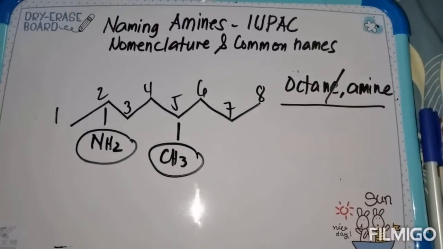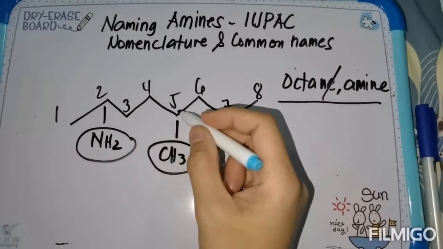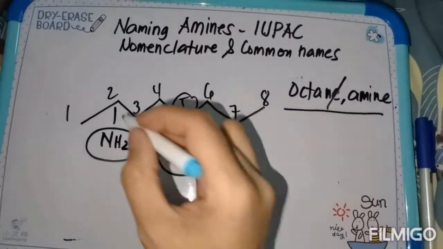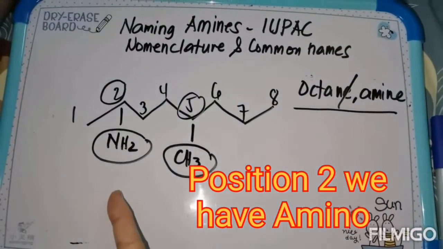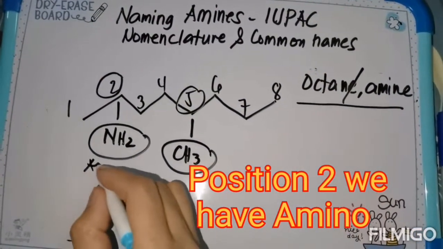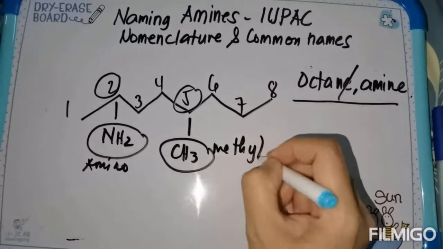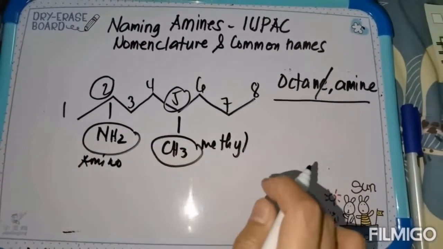So now, at carbon atom position 5 we have a methyl, and at position 2 we have amino. As we all know, amino and methyl are the substituents of this long carbon chain.